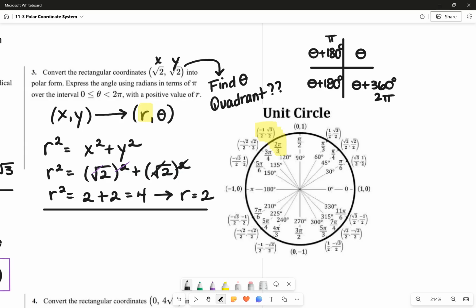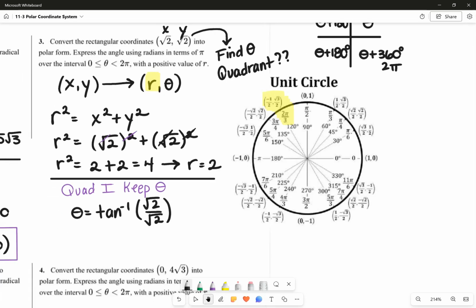All right. Now this quadrant is in quadrant number 1. So I'm going to put here, in another color, that quadrant number 1 means we're just going to keep whatever theta we find. So my theta is tan inverse of square root of 2 over square root of 2.